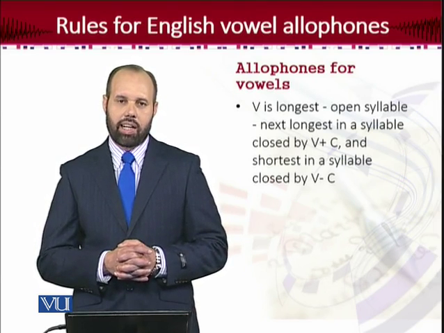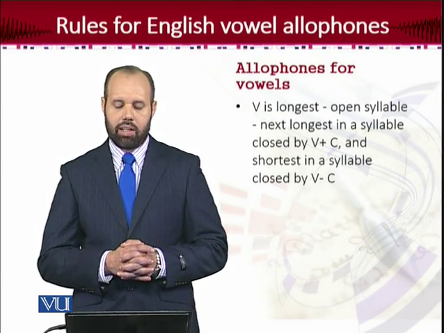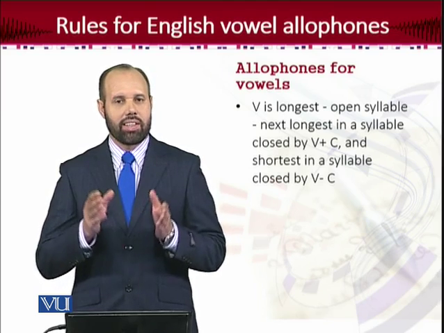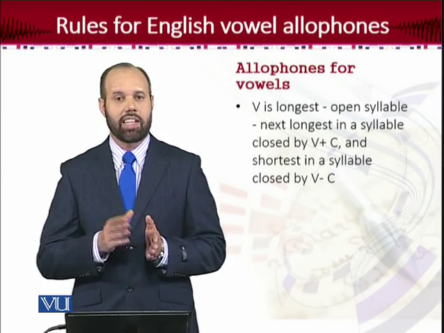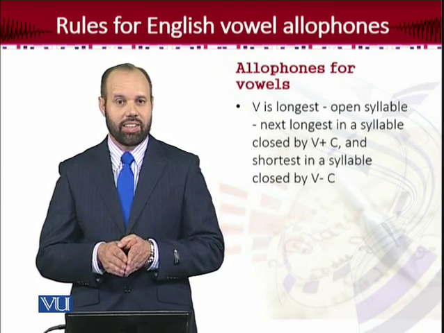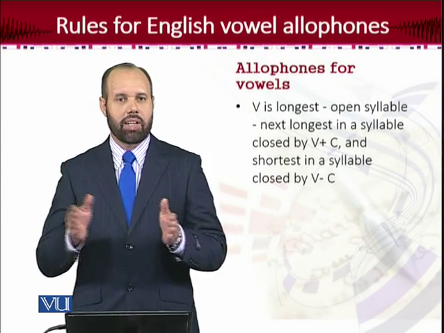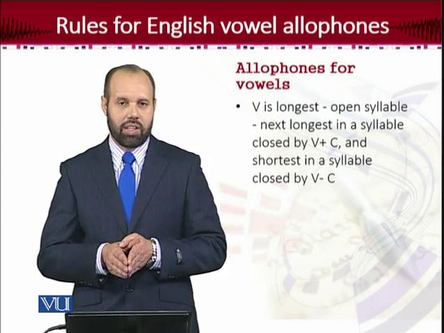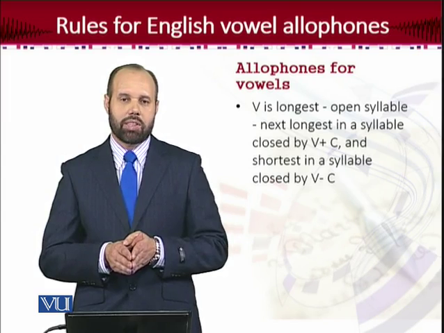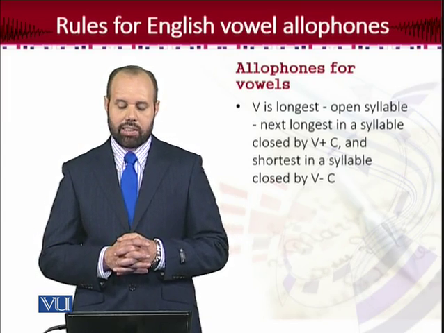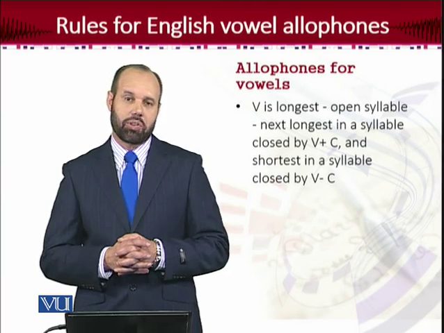A vowel is longest in an open syllable, right? So a vowel is longest when the syllable is open, when there is no consonant at the end. So the same vowel would be in the longest possible shape. The next longest shape of the same vowel is possible when the syllable is closed by a voiced consonant.